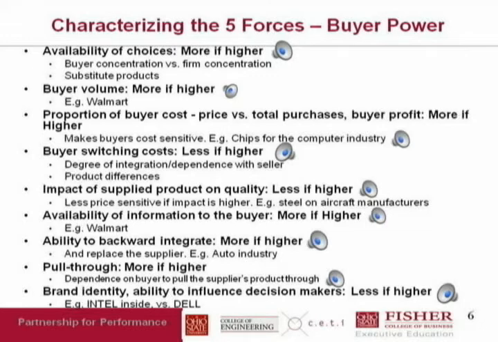If people are buying my laptops because I use Intel processors, then I have less power with respect to Intel. So I, as a buyer from Intel, have less power with respect to Intel. However, if I'm IBM, even though I'm using Intel processors, people are buying computers from me because I'm IBM. In this particular case, I have more power with respect to the supplier of the processor, in this case Intel.